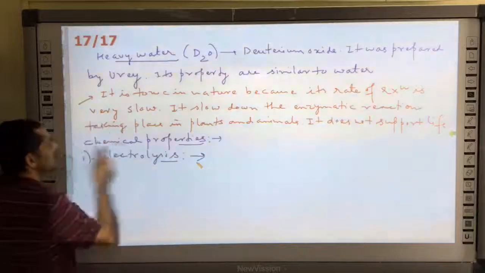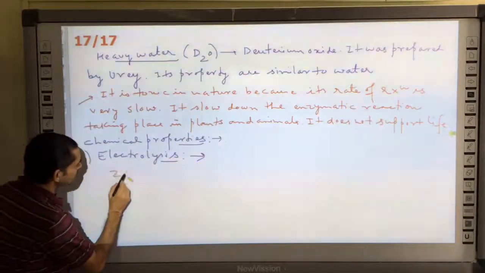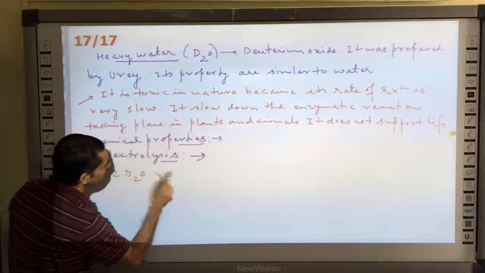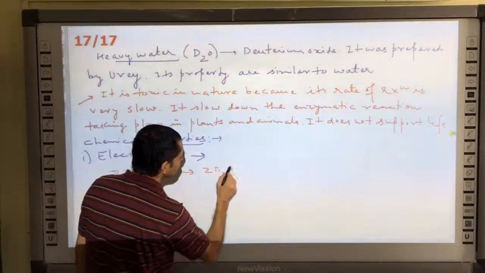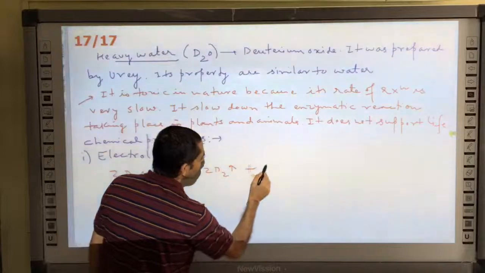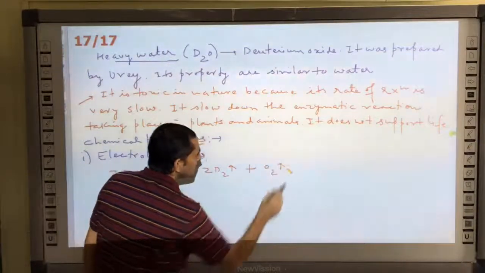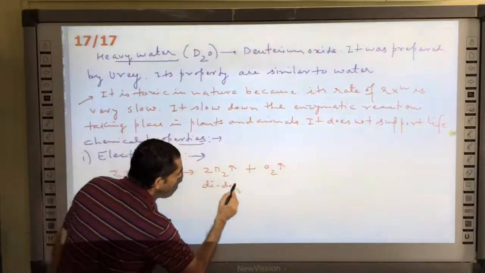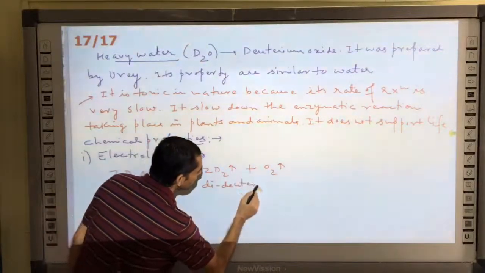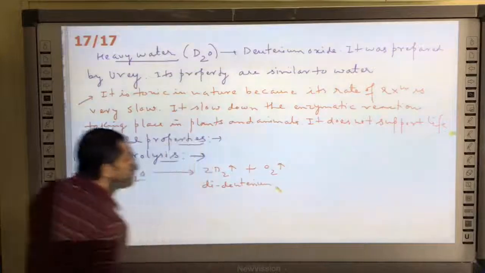As water is electrolyzed, D2O, heavy water, is also electrolyzed. It is converted into 2D2 plus O2. Okay, D2 is called dideuterium. This is the first property.